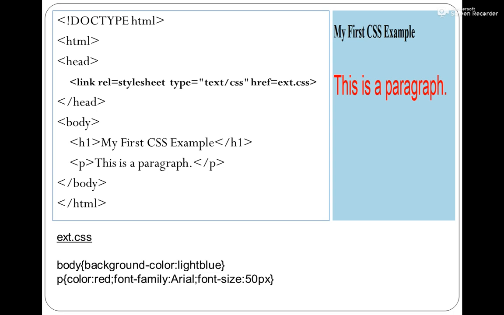Which type of file are you calling? It is a text file but a CSS file, that is why it is text/css. And very important, href will have the actual file name with its extension. So this is how you call the external file.